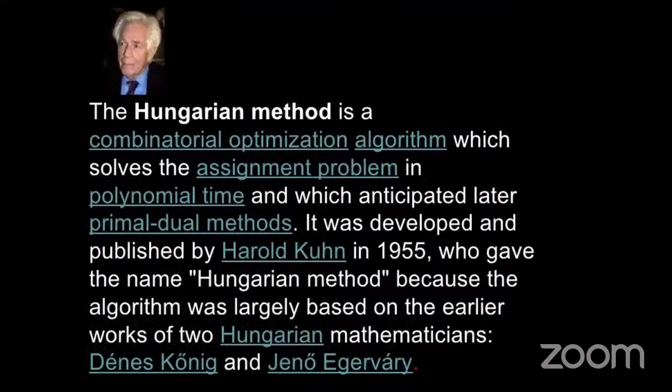And the Hungarian method is a combinatorial optimization algorithm which solves the assignment problem in polynomial time and which anticipated later primal-dual methods. It was developed and published by Harold Kuhn in 1955, who gave the name Hungarian method because the algorithm was largely based on the earlier works of two Hungarian mathematicians, Denes Konig and Jeno Egervary.